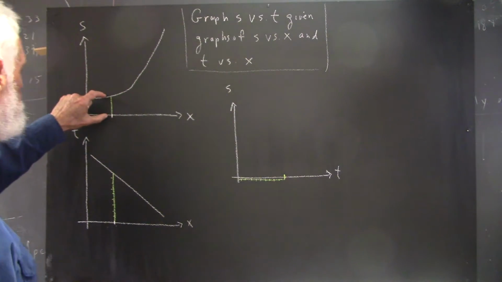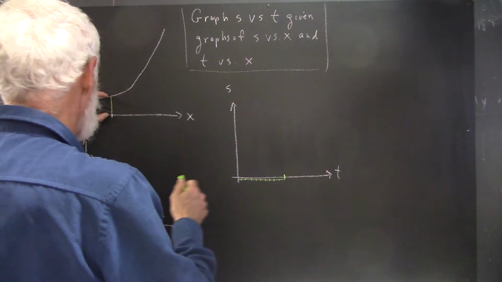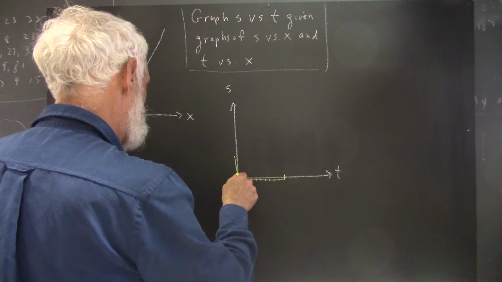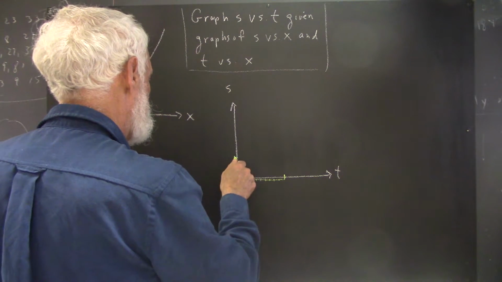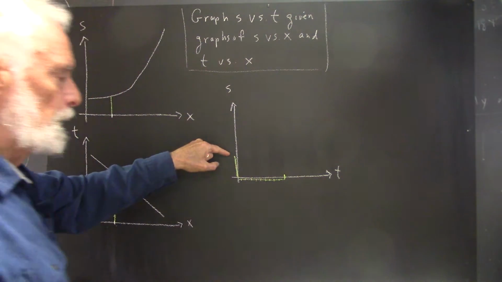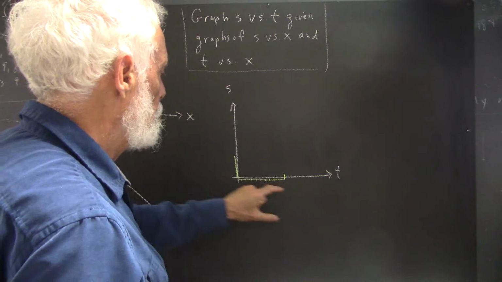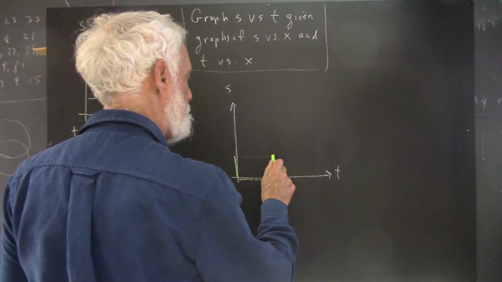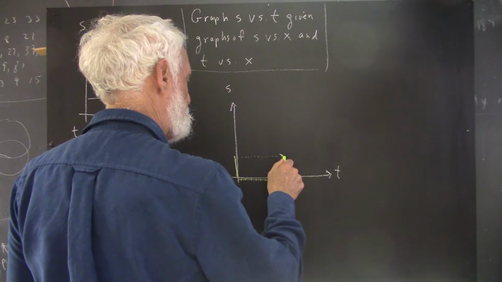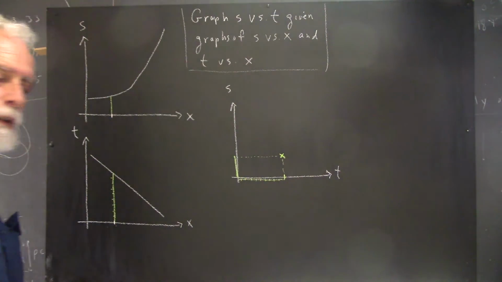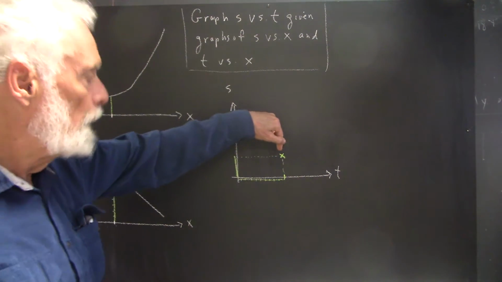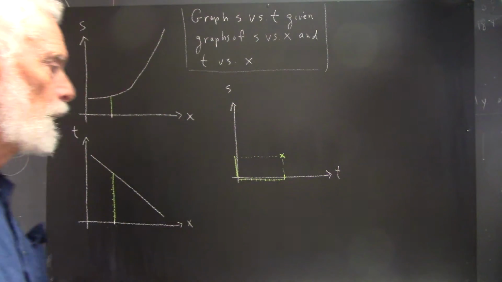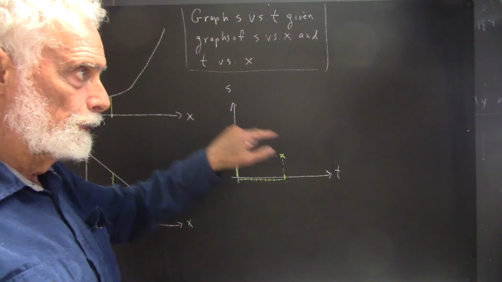Then I take this one, which doesn't have any tracks on it, so it's just a line of this length, and I'll put it here on the S axis. I know that this S quantity, depicted by this length, goes with the T quantity depicted by this length, so I can locate the point on the graph with this S coordinate and this T coordinate. So right there is a point on the graph of S versus T.